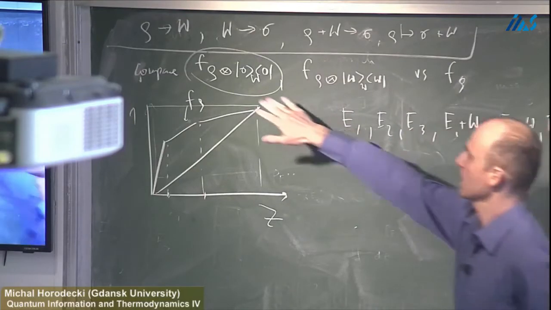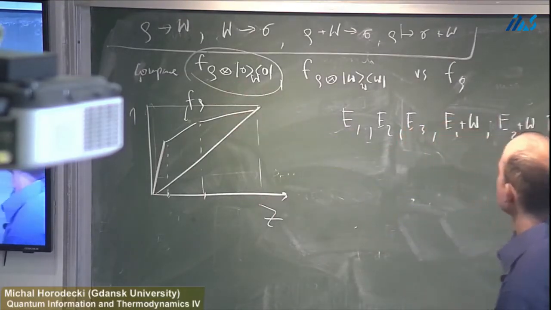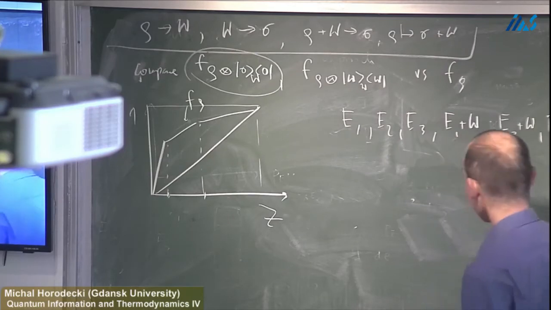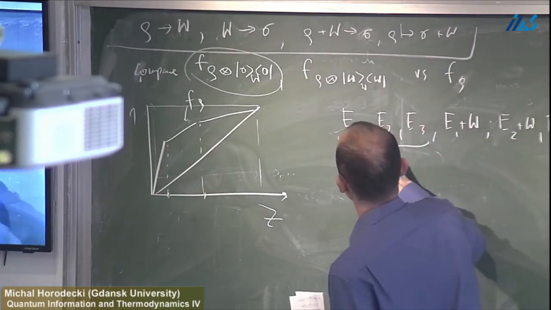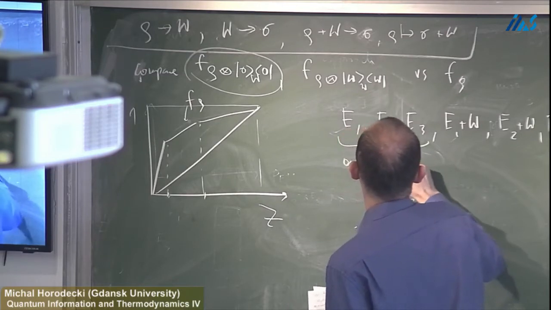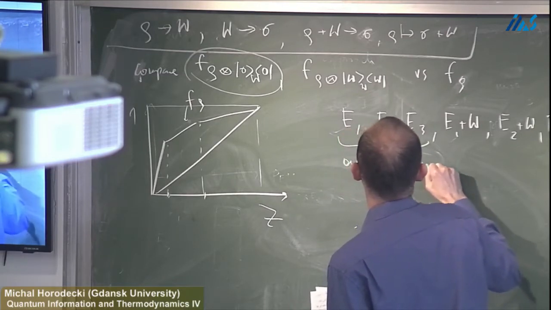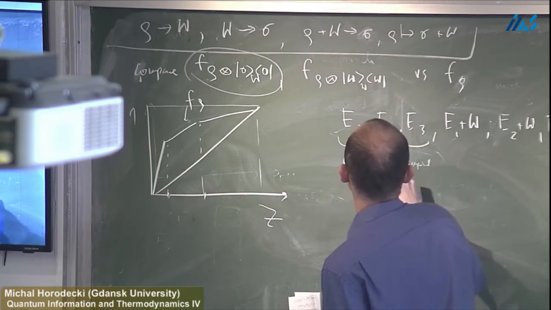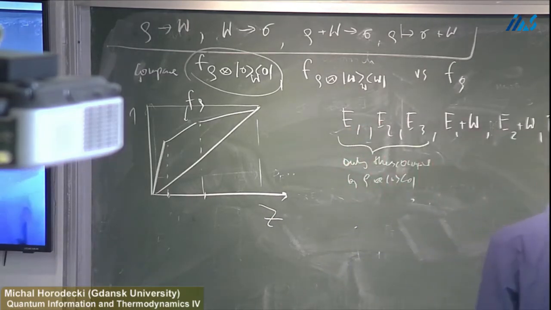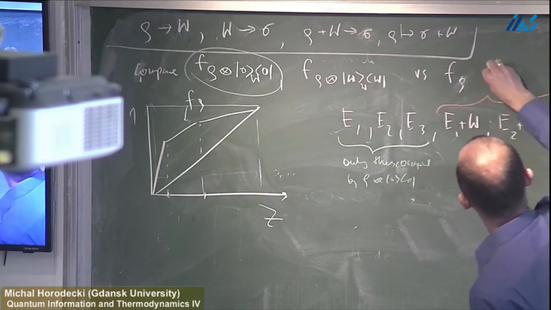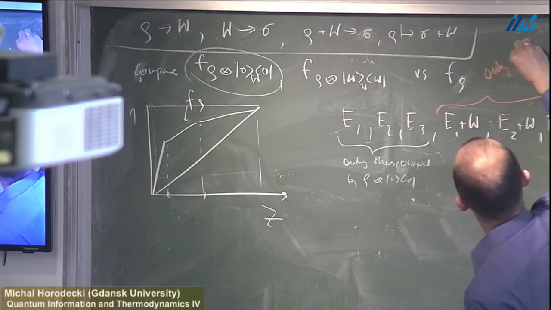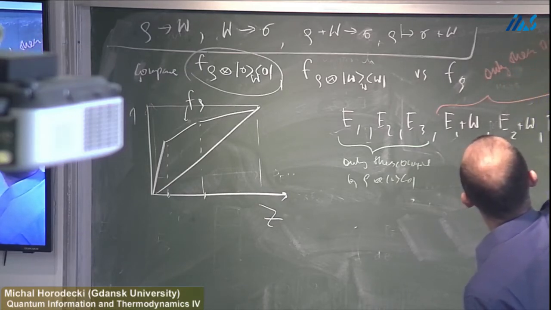But look, this state, rho tensor 0, actually occupies only these. Only these are occupied by rho tensor 0, and also, if you look at that, only these are occupied by rho times.